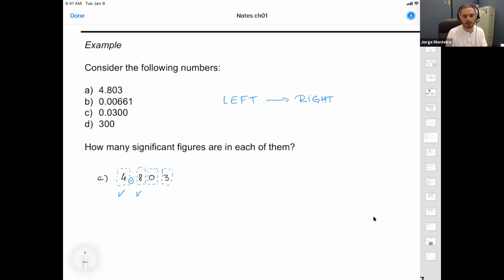Therefore, it is always significant and also is after a decimal point. So we are going to count the 0 as a sig figure. And finally, 3, a non-zero digit that's also significant. So therefore, here we have 4 sig figs.